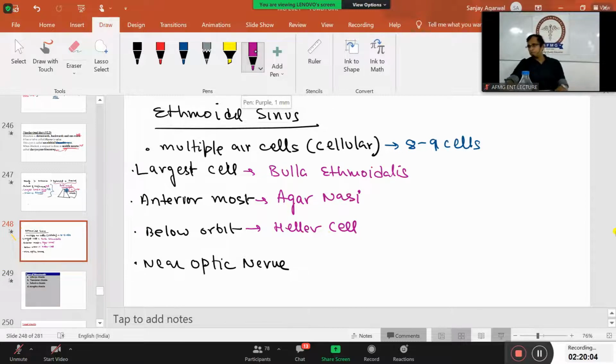And near the optic nerve, खतरनाक एरिया. ऑप्टिक नर्व में कुछ गड़बड़ होगी तो पेशेंट की विजन ब्लाइंड. तो ये खतरनाक है. अनाड़ी है, इसको पता नहीं है कहाँ होना चाहिए.